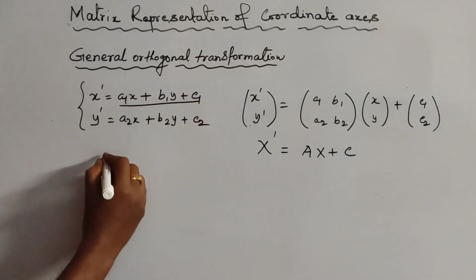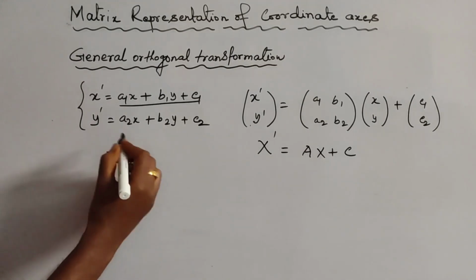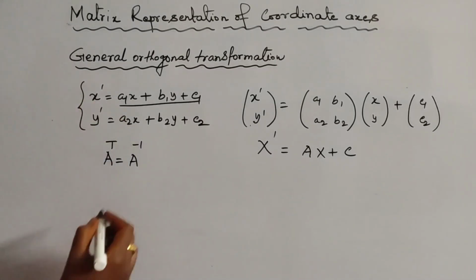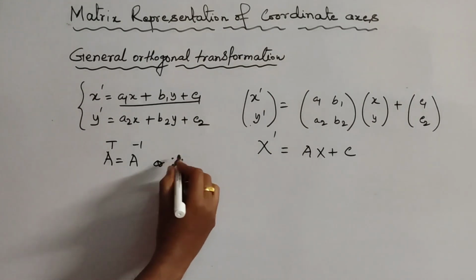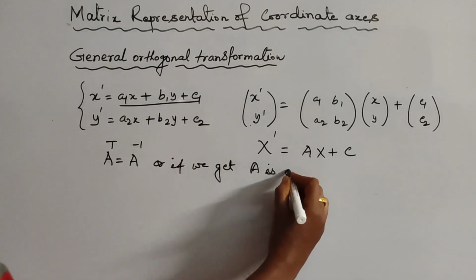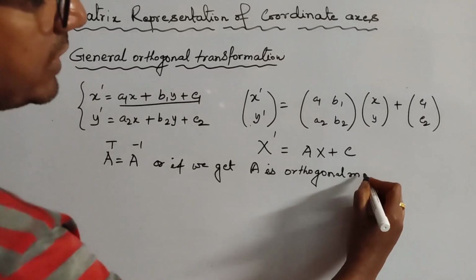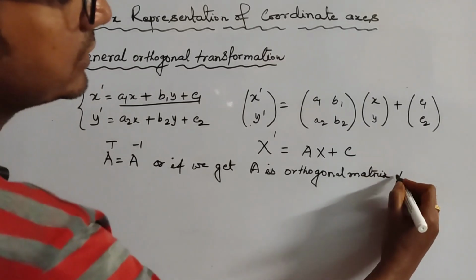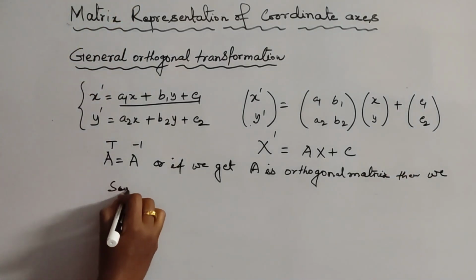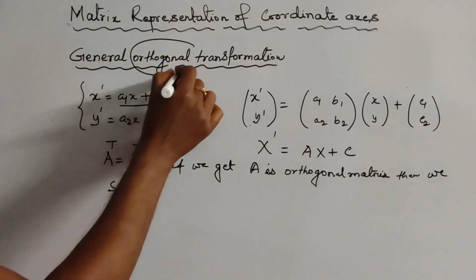If A transpose is equal to A inverse, that is, if A is an orthogonal matrix, then we say this formula is an orthogonal transformation.